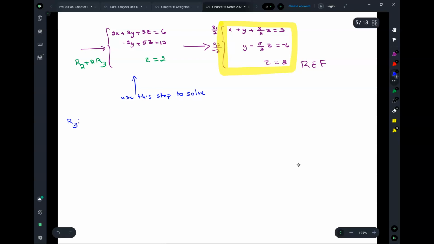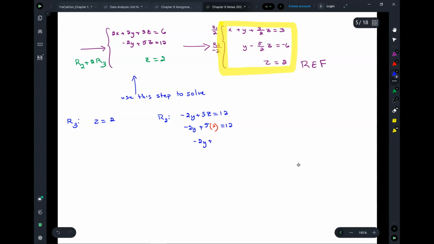Row 3 tells us z is 2. Row 2 tells us negative 2y plus 5z is 12. But negative 2y plus 5 times what is z? 2 equals 12.